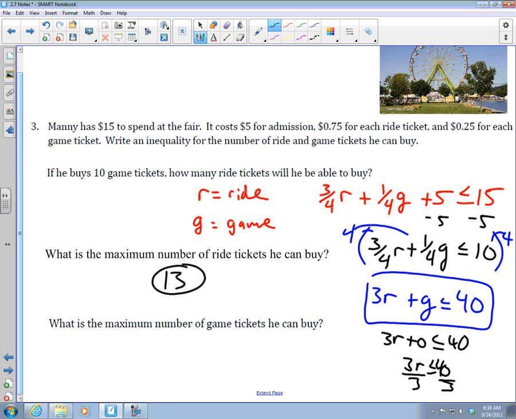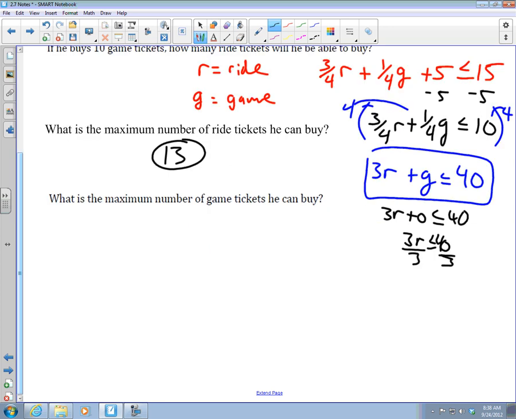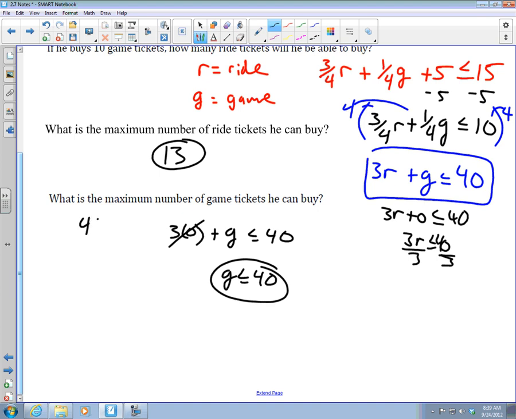If you just get ride tickets, you can get 13 of them. What is the maximum number of game tickets? Well, I'm going to plug 0 in for R then. No ride tickets plus the game tickets is less than or equal to 40. This cancels out to 0, and G is less than or equal to 40. So you can have a maximum of 40 game tickets.